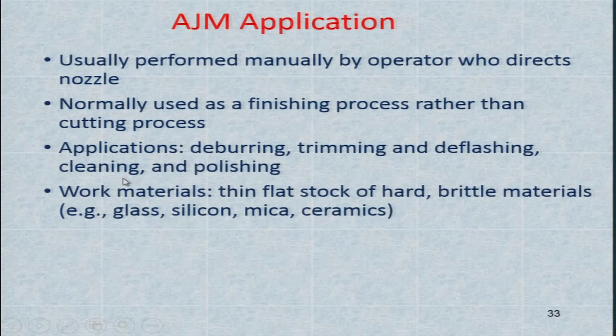Cleaning and polishing of the material, particularly after casting, is very important because the surface is not very fine. Work materials are thin flat stock of hard brittle materials, glass, silicon, mica, ceramics, and abrasive jet machining can be used to remove material from them.